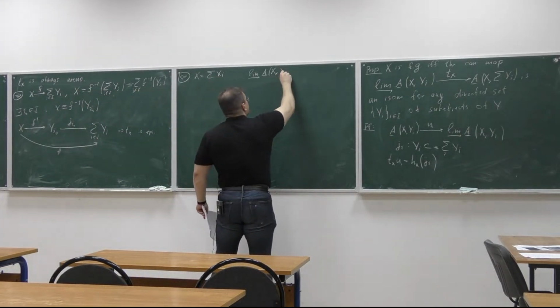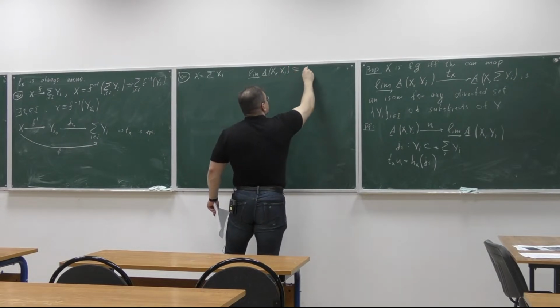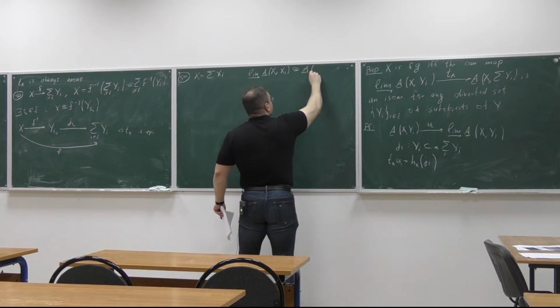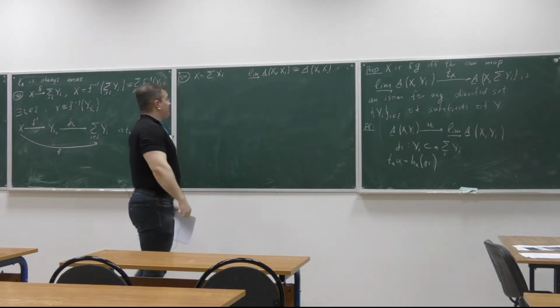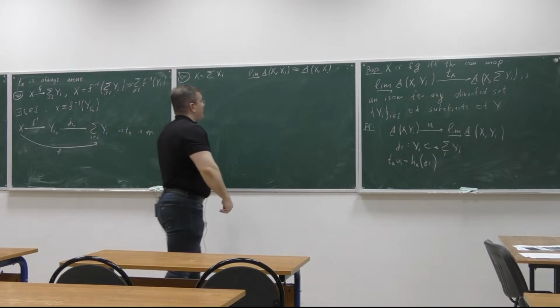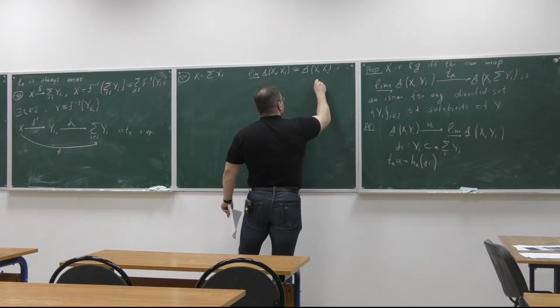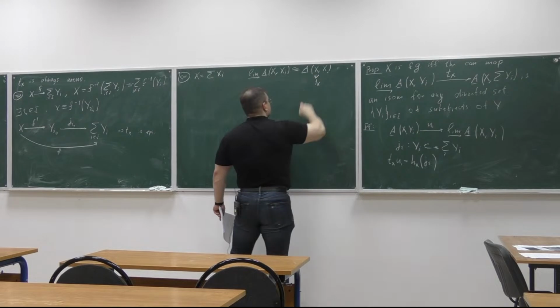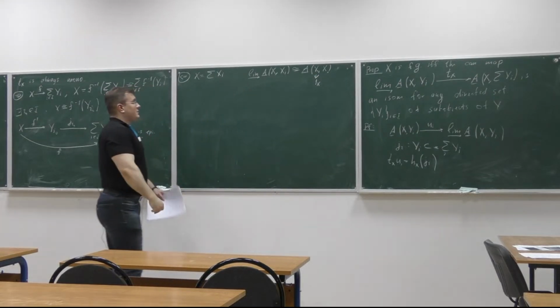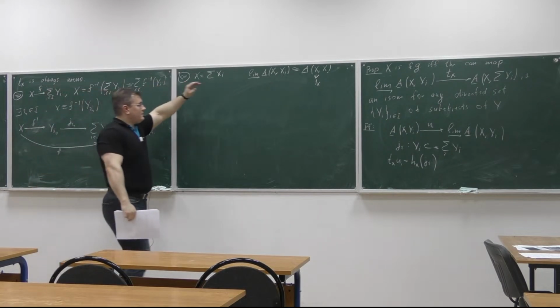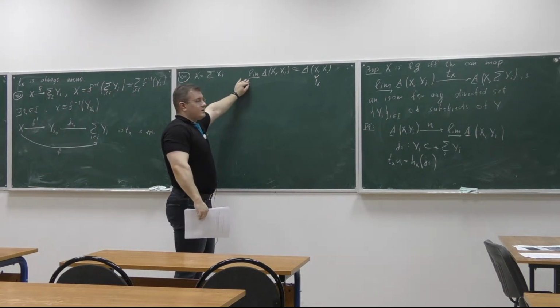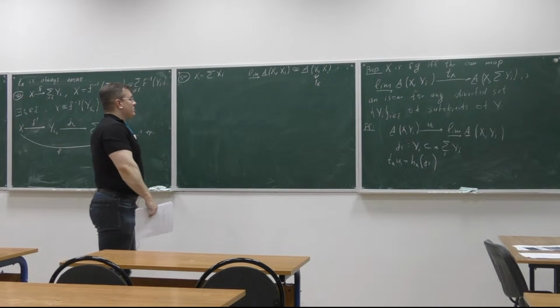So hence, I'll get this isomorphism. And on the right-hand side, I have a distinguished element, which is just the identity on x. So now I see that the identity on x lives in this left-hand side, which is the directed limit. So this is what I'm going to use.